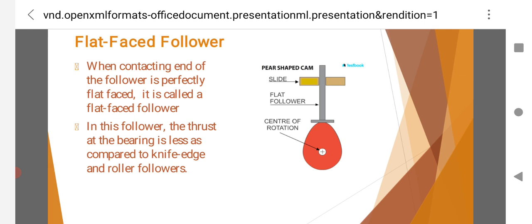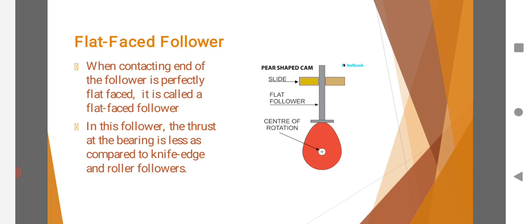Next one is flat faced follower. When the contacting end of the follower is perfectly flat, it is called a flat faced follower. Second point, in this follower, the thrust at the bearing is less as compared to knife edge and roller follower.